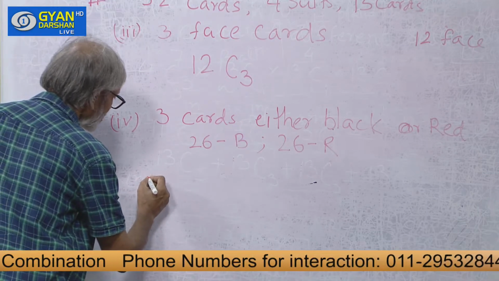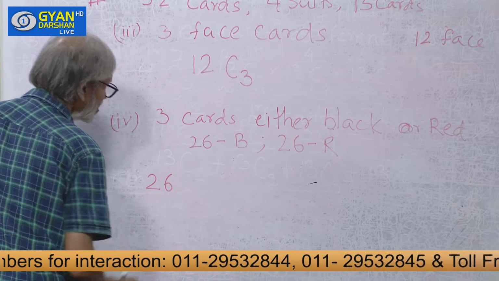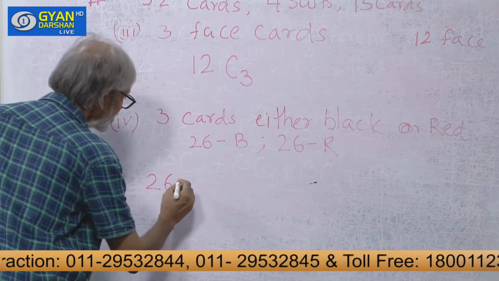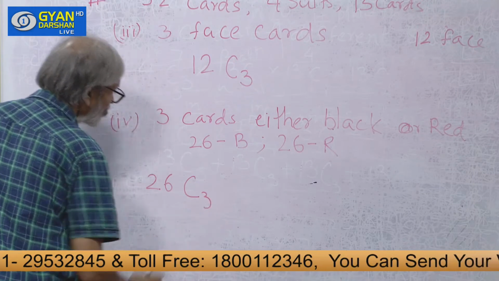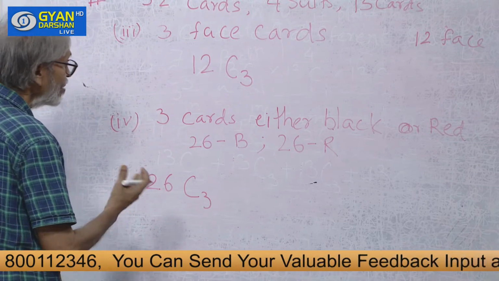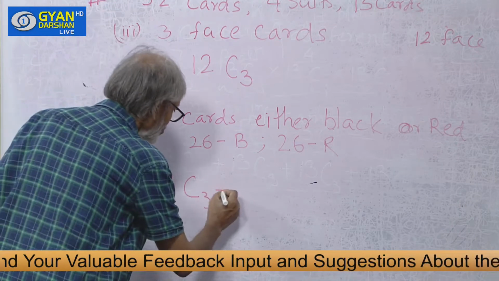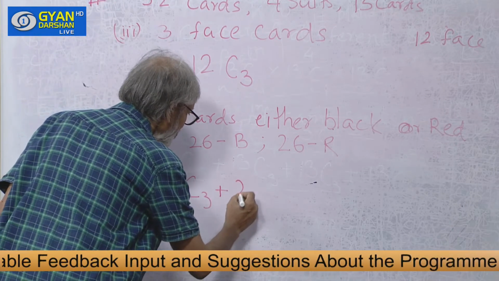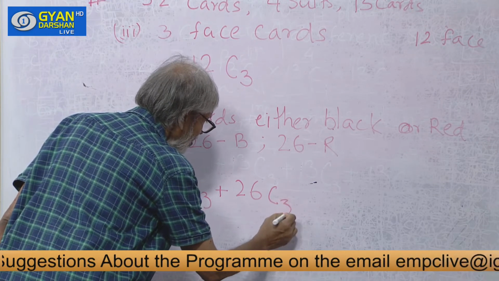So, suppose you take black. So, out of 26, you can choose 3 cards in 26C3 ways, or you could have chosen red. So, you can choose red also in 26C3 ways.